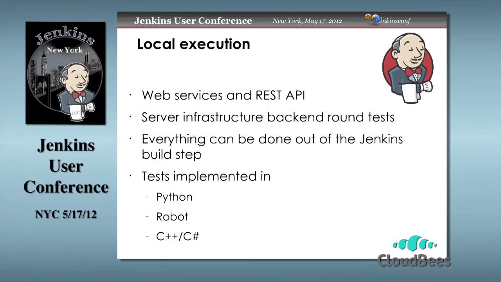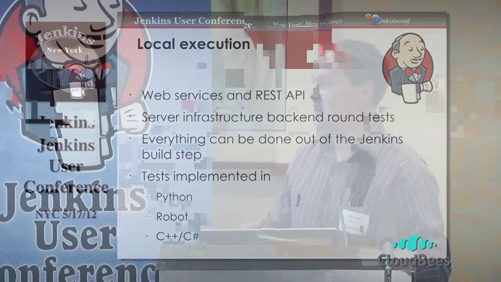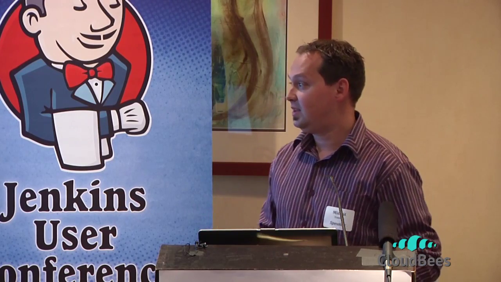It helps us to maintain the tests very easily, and if something fails, you can easily find out in which part of the code it fails. Some of the guys in our department also prefer to use Robot Framework, and some of the tests are also written in C++ and C#.